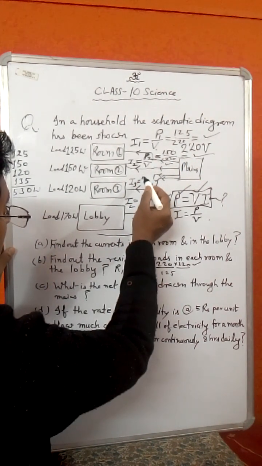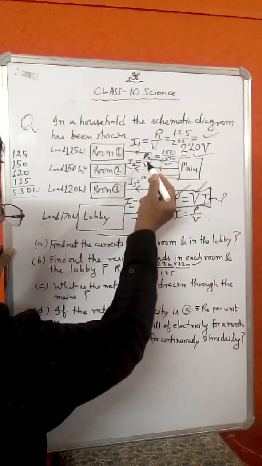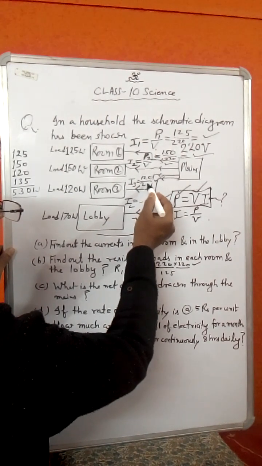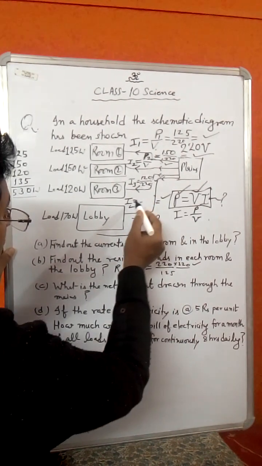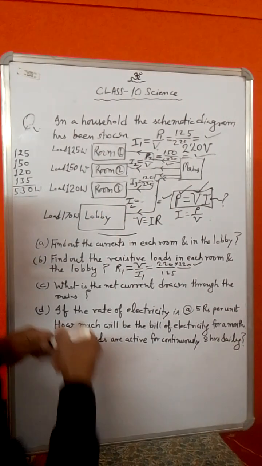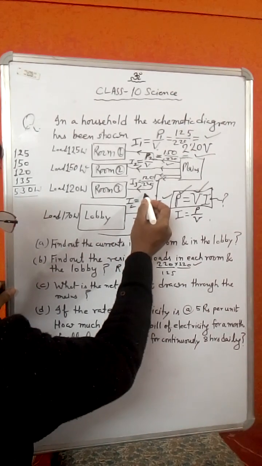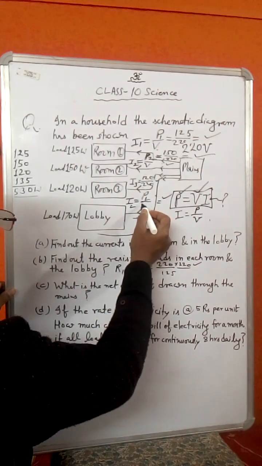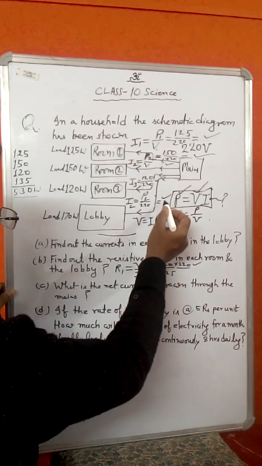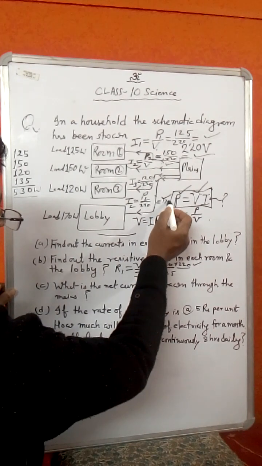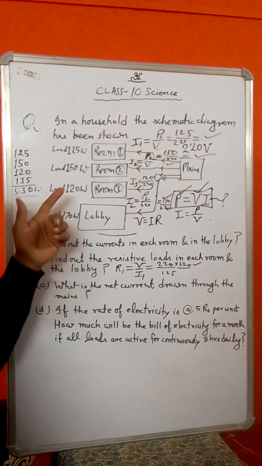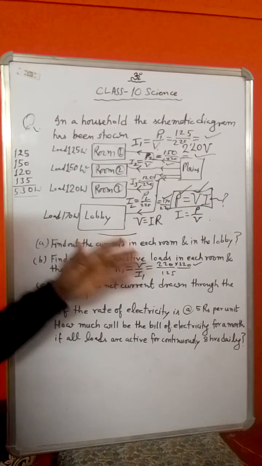Then I3 is equal to P3 upon V, which is 220, we can find out. And IL, the current in the lobby. So IL will be the power in the lobby upon voltage. Voltage is 220. Finally, 170 upon 220. Hence, we can find out the respective currents in all the rooms and the lobby.